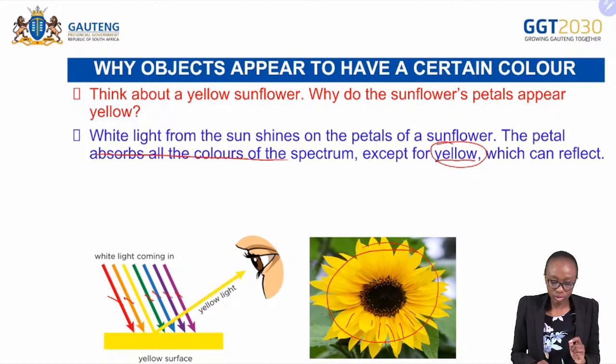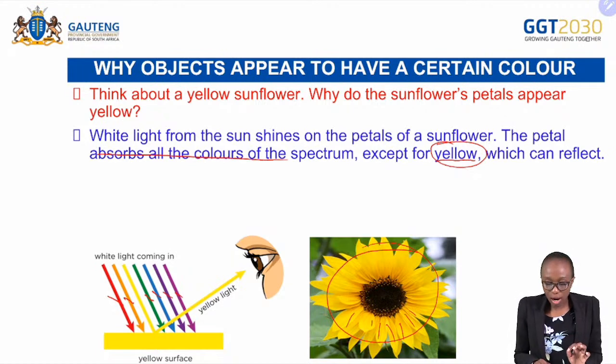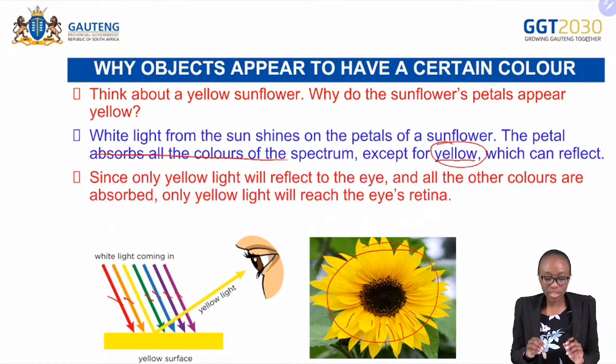We said one of those interactions is absorption, where we have the 6 colors being absorbed, and the second one is reflection. So the color yellow is being reflected. So since only yellow light is being reflected to the eye and all the other colors are absorbed, only yellow light will reach the eye's retina.